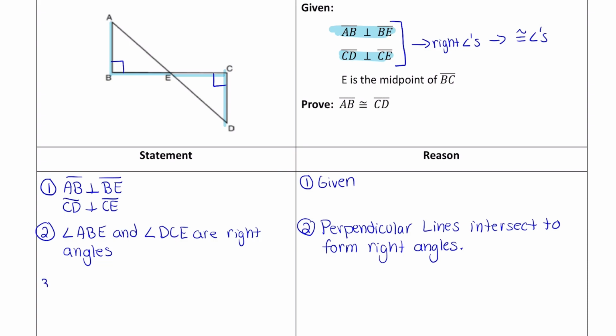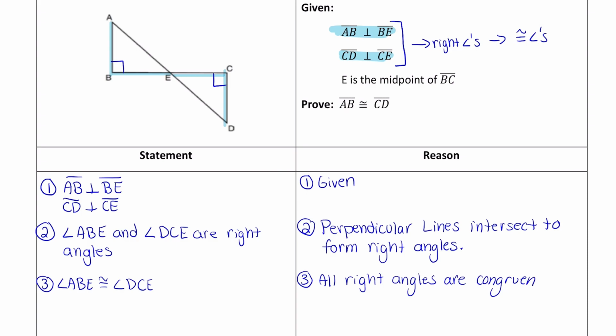Now I can go ahead and say that angle ABE is congruent to angle DCE, and the reason for that is all right angles are congruent. Okay, so all that work led me to 2 angles that are congruent. So I have one piece of my method and I am done with these givens.